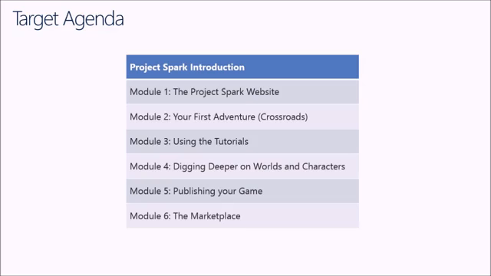And then finally, Module 6 is the marketplace. That's where you can expand the content that you have to use in ProjectSpark, either by earning credits, by having lots of time spent working in ProjectSpark, or you can buy tokens to redeem them for content. And there's lots of different content you can buy. There's even a zombie pack if you like zombies.